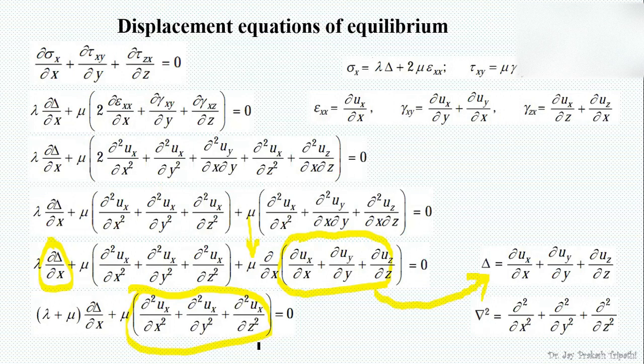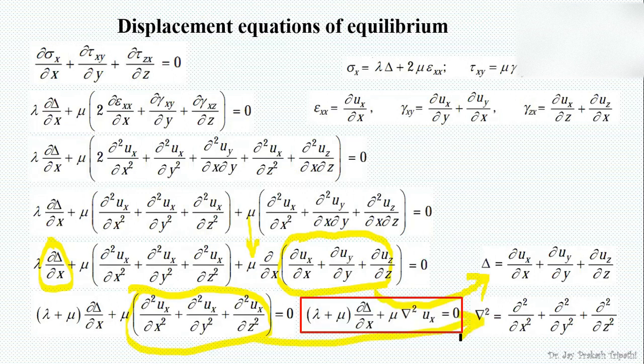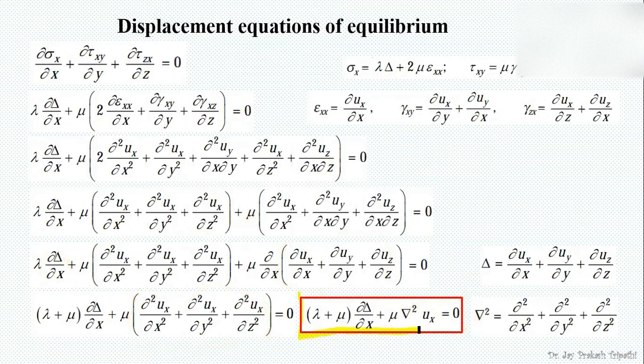This part can be represented by this notation. So finally we get this expression as the displacement equation of equilibrium. Similarly, we can write down 2 more displacement equations of equilibrium. So finally, we will get 3 equations for equilibrium.